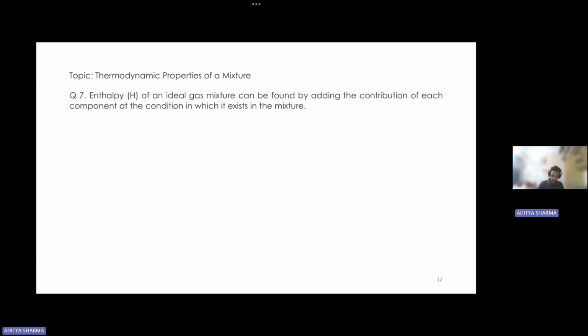Okay, so this is question number 7, thermodynamic properties of a mixture, and it says that the enthalpy H of an ideal gas mixture can be found by adding the contribution of each component at the condition in which it exists in the mixture.